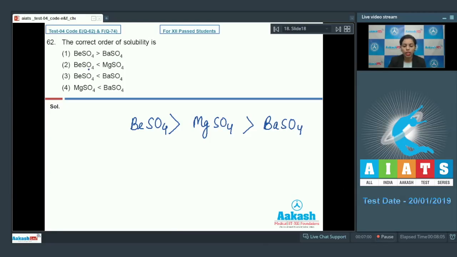Further, BeSO4 has less solubility as compared to MgSO4 is wrong. BaSO4 has less solubility as compared to BeSO4, this is also wrong. Further, MgSO4 has less solubility as compared to BaSO4, this is also wrong. Only one option is correct, that is option 1.